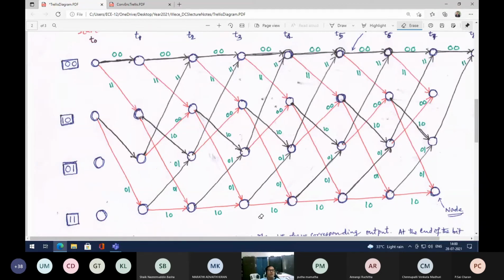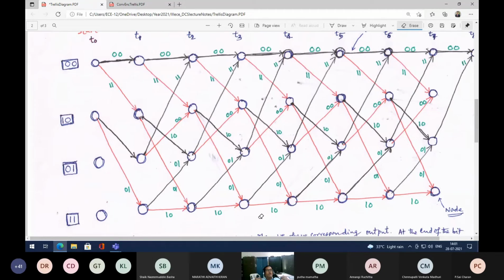That means you have to verify every possible code word with the received sequence. And how do you verify? The verification is possible only through the Hamming distance. So whichever code word gives the minimum Hamming distance with the received sequence, that will be the best match possible.